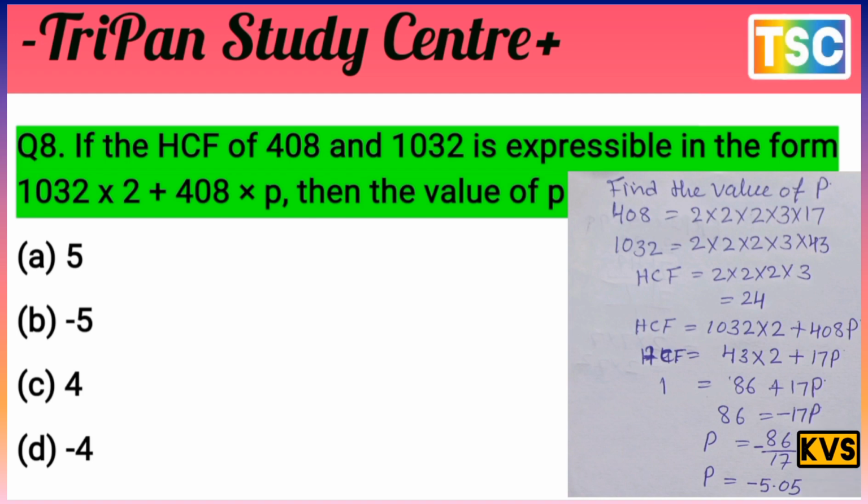And next, factorize 1032. 1032 is 2 into 2 into 2 into 3 and 43 is the last factor.